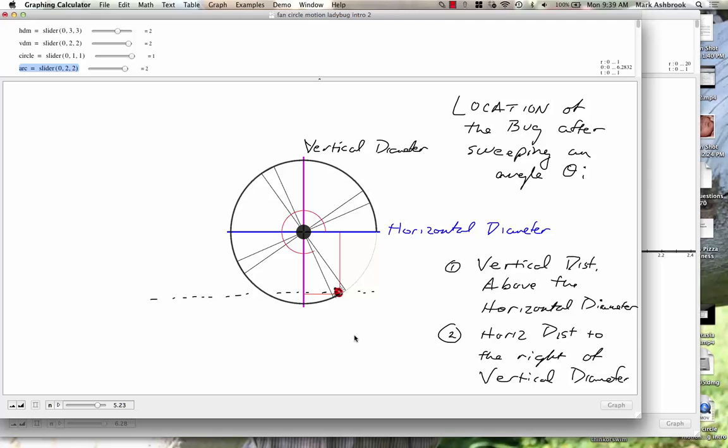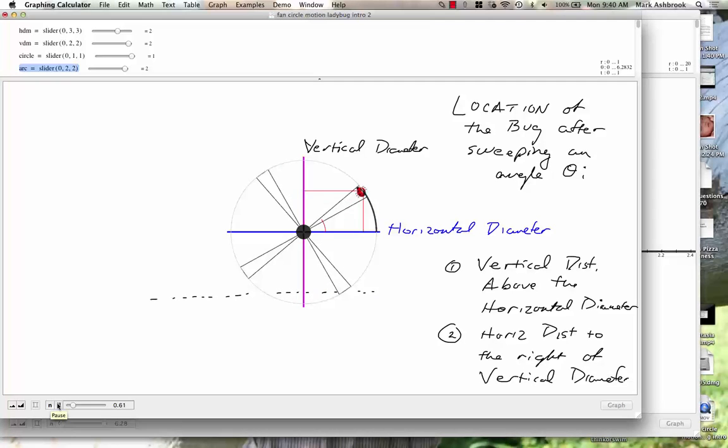So for a given angle measure, if we have the vertical distance above the horizontal diameter and the horizontal distance to the right of the vertical diameter, we have nailed down where the bug is. And those two quantities will change as the angle changes.